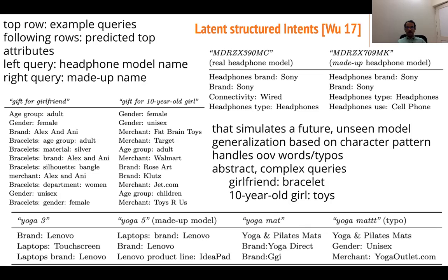It's more like Pilates, Yoga Direct brand or GGI brand, unisex. Even though there's a typo, it can accommodate that. yogaoutlet.com is the version. So basically, how do you translate semantic queries to attributes of the product? That's the challenge tackled here.